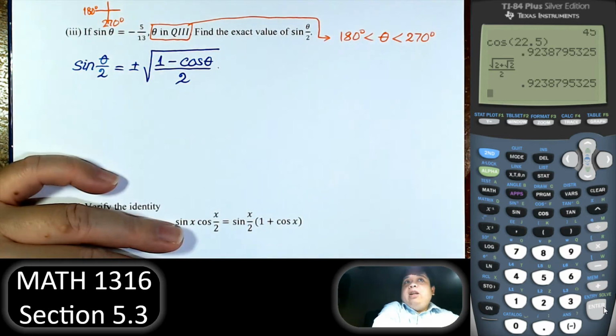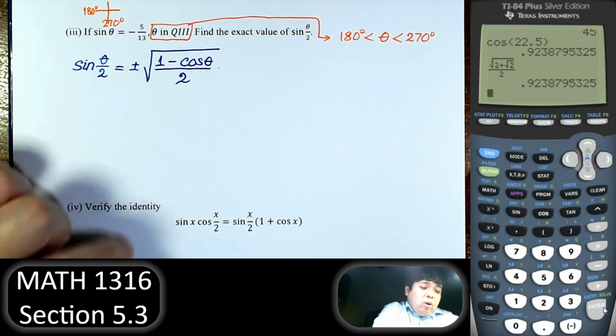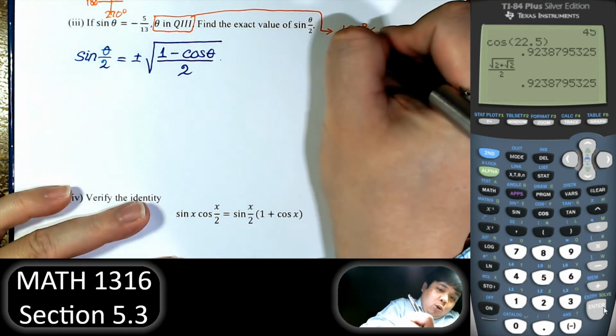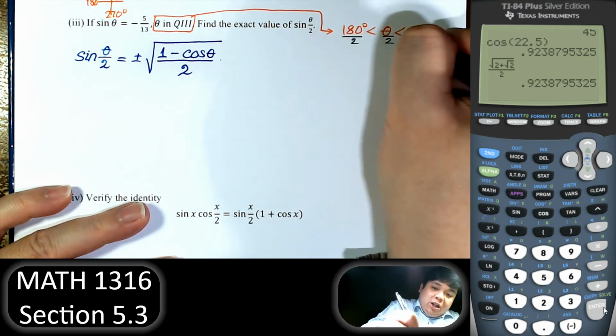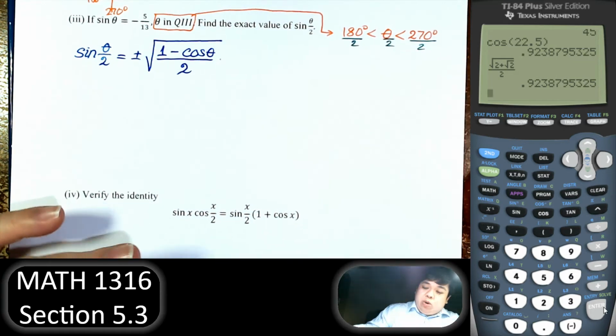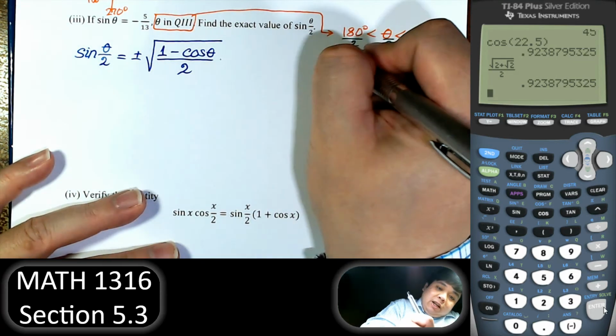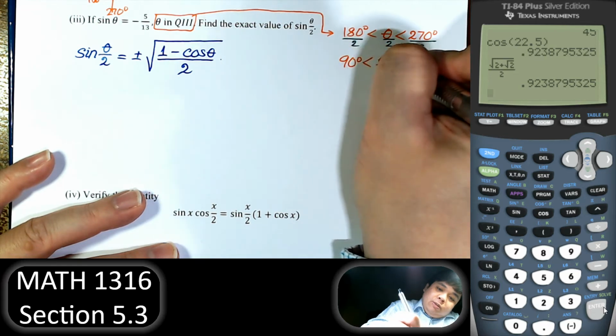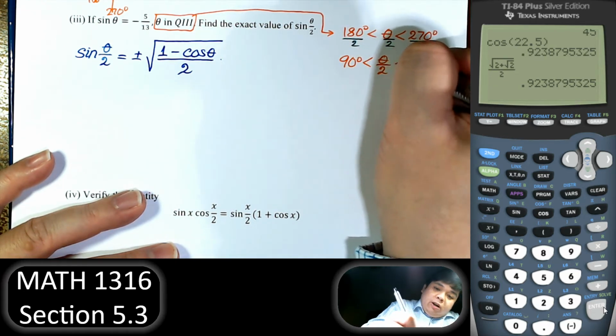Now, let's divide by 2, see what happens. Since we divide by a positive number, the inequality will stay the same. Do not reverse it. So that gives us 90 degrees less than theta over 2 less than 135.